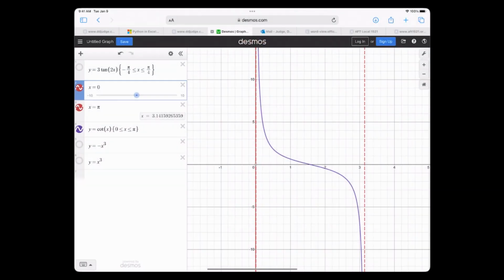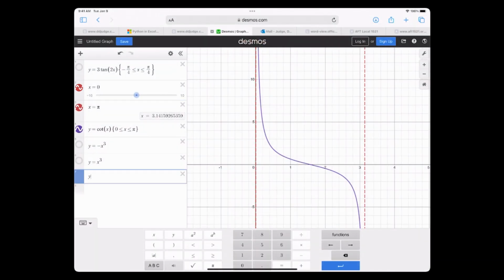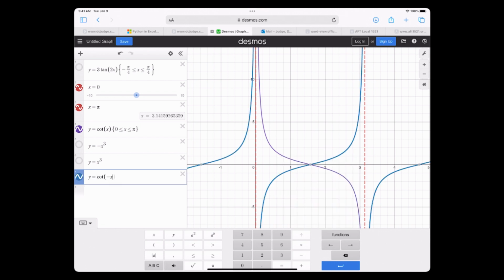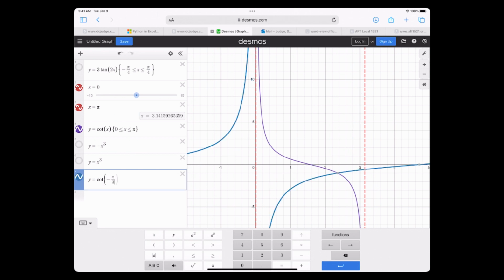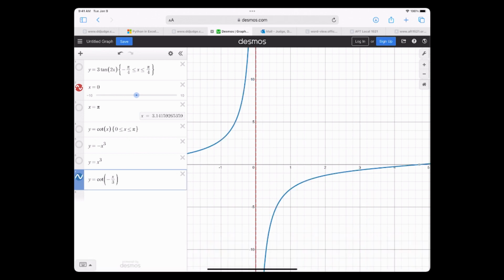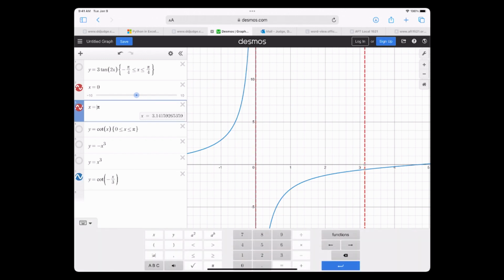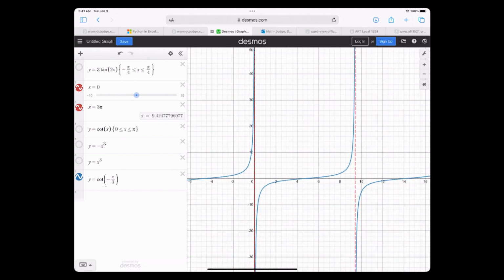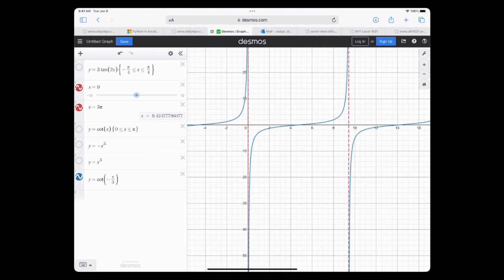So if you said, let me see this in Desmos, okay. Y equals cotangent of negative x divided by 3. Okay. 0, and what was the other one? Was it 3 pi? I think it was 3 pi. Yeah. You might say, is this that interval of 1 cycle? Well, yeah. Well, how come it has all the other values?